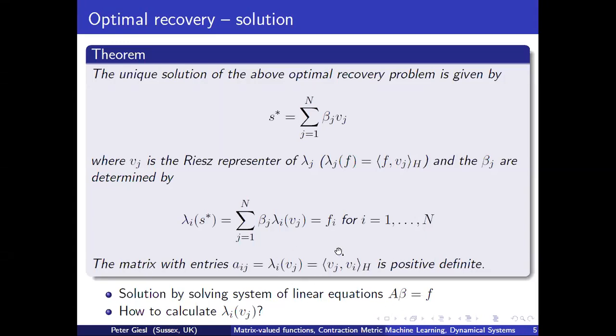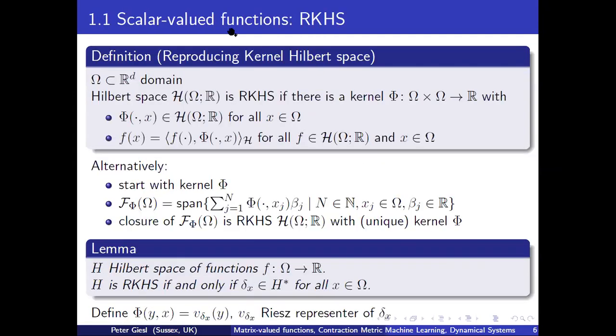However, to find this matrix A, it would be handy to actually calculate this lambda i of v_j. So it would be nice to have a nice expression for the Riesz representatives of the lambda i. So going one step further, we now look at a specific set of Hilbert spaces, namely a reproducing kernel Hilbert space. The advantage in this context will be that the Riesz representatives have a particularly nice form.